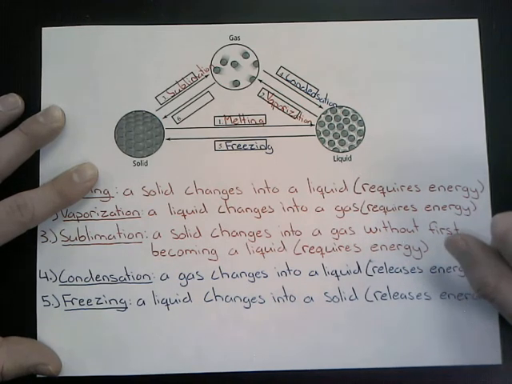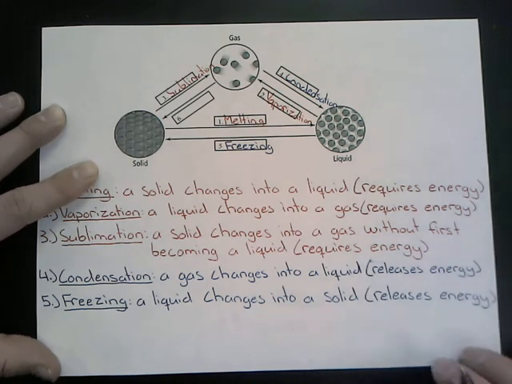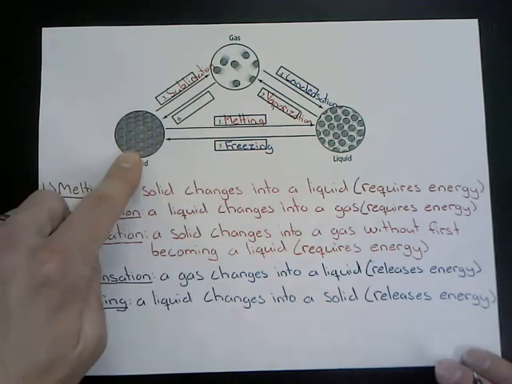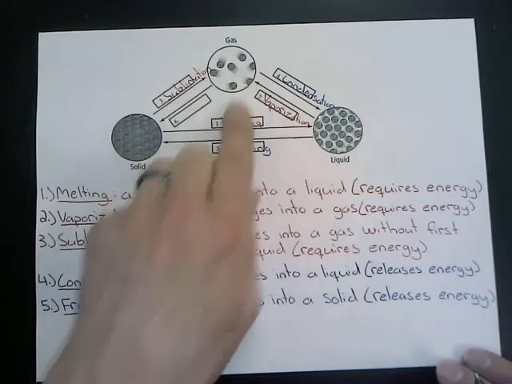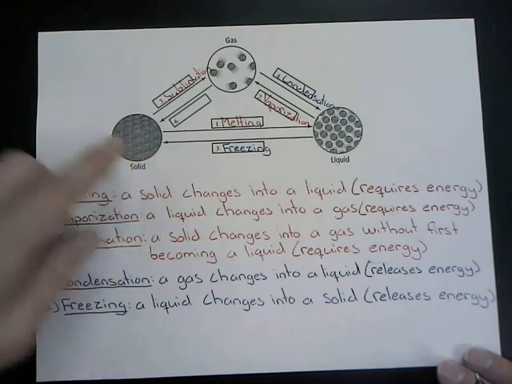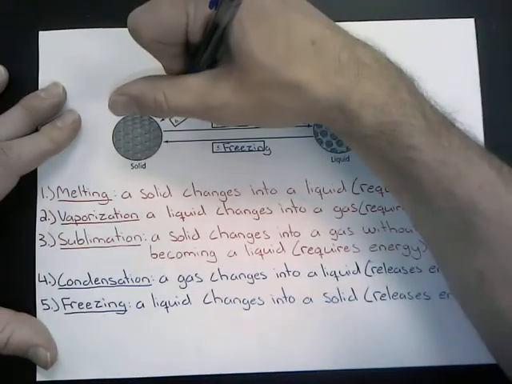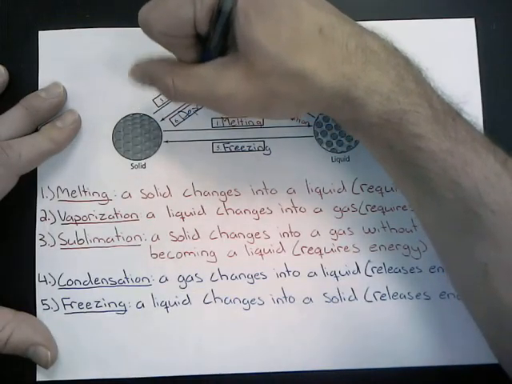We have one more category left, and that is process 6, where a gas is going to change directly into a solid. We refer to that as deposition.